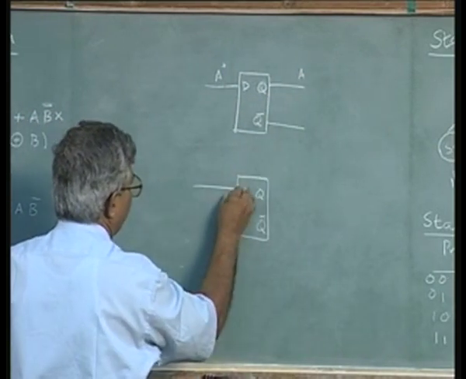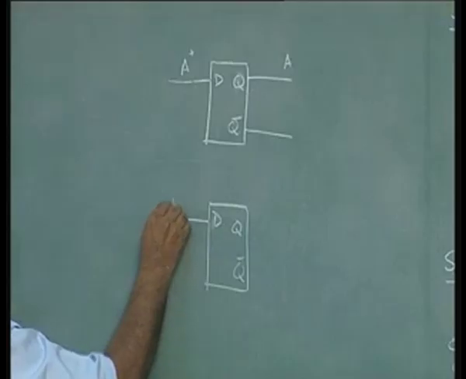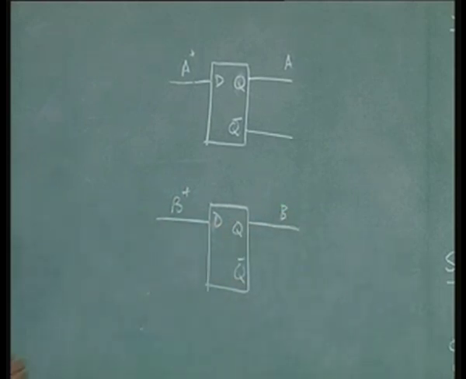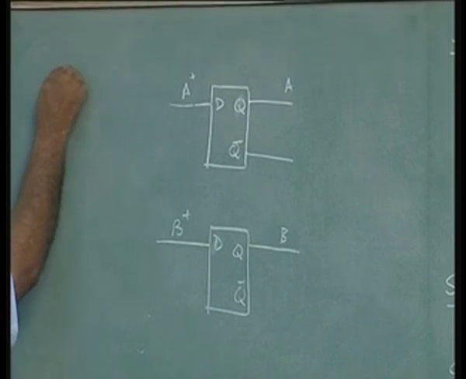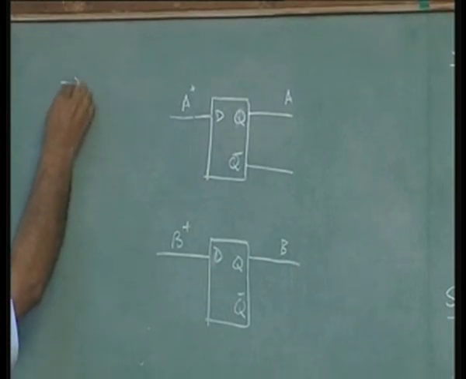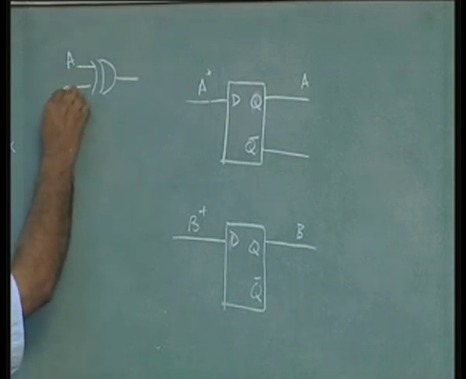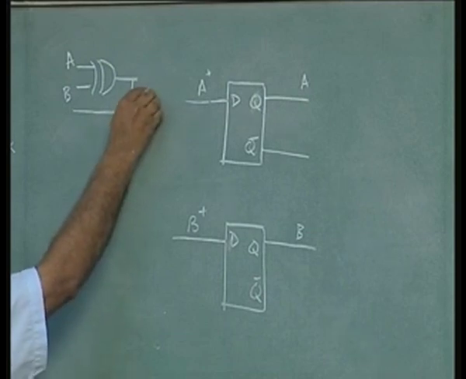Similarly, the input to the flip flop B is called B plus, output of this is B. So, what is A plus? A plus is x, that is A exclusive or B, ANDed with x.